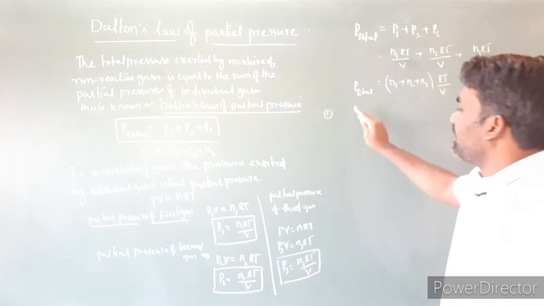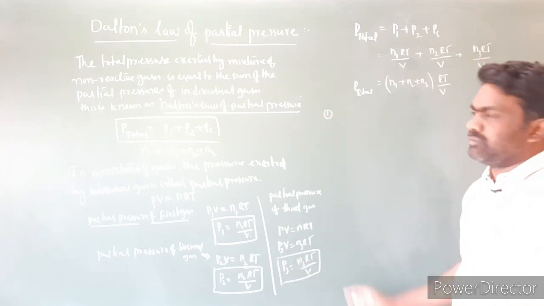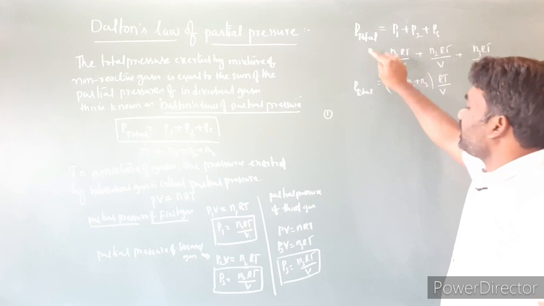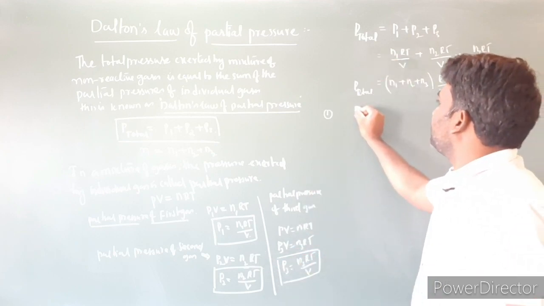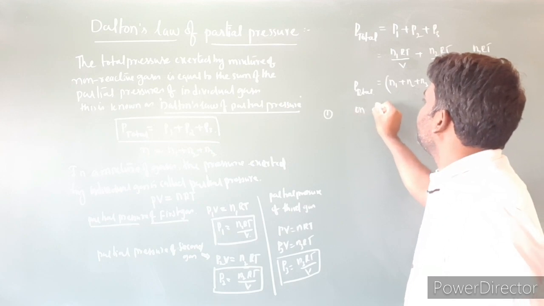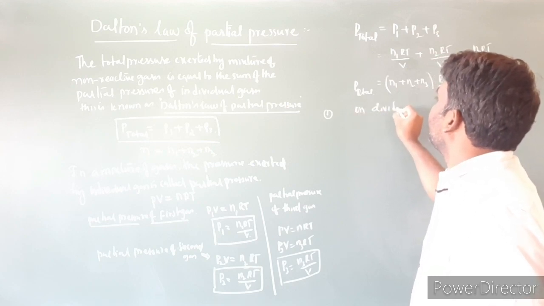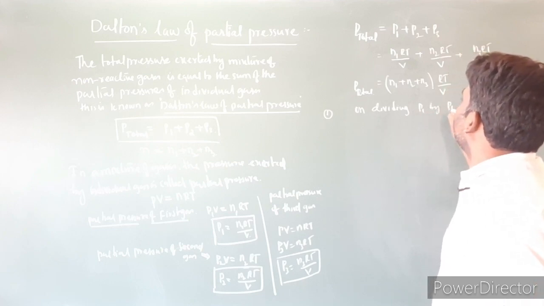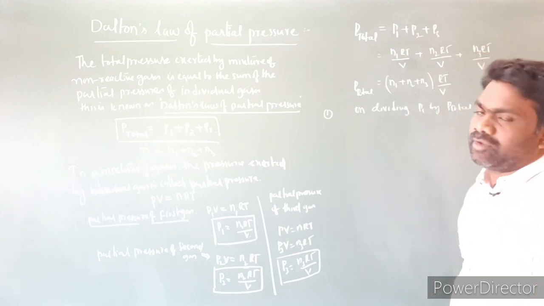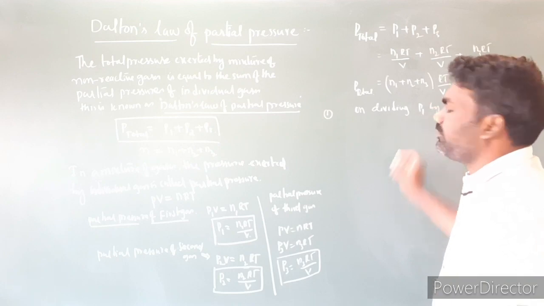So in the first case, we have to calculate the partial pressure of the first gas. For this, we divide the partial pressure of the first gas by the total pressure. So on dividing, P1 by P total, where P1 is the partial pressure of the first gas.